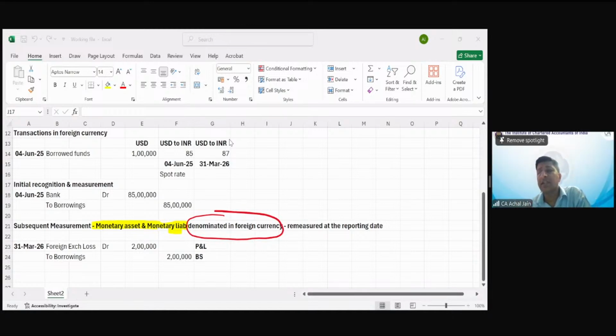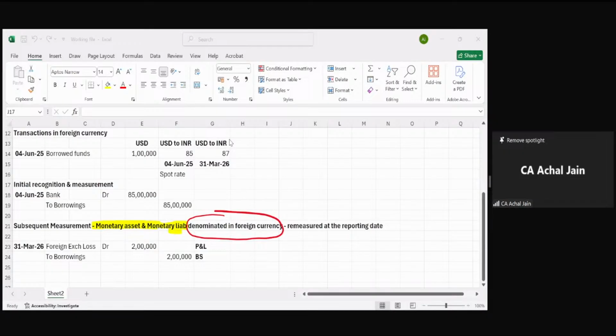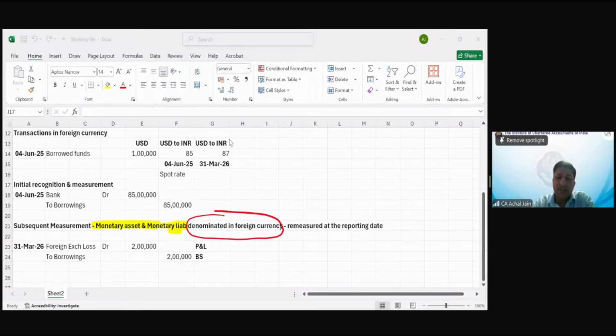Denominated in foreign currency means the underlying repayment or receivable that you'll do is in USD. If you have to settle this liability, eventually you'll have to pay in USD only. Today, if you record something in your books in INR, the lender will ask for USD or not?